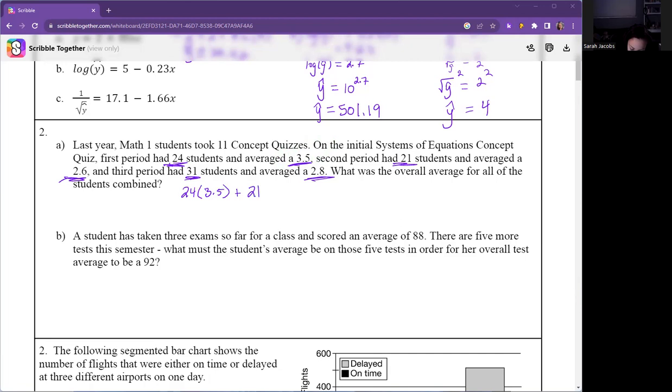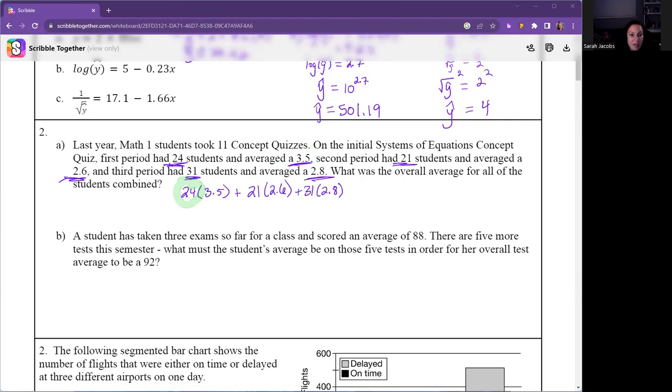Then for second period, there were 21 students. They averaged a 2.6. Third period had 31 students and averaged a 2.8. And so right now, what this is essentially accomplishing is instead of writing out 3.5 24 times, I'm just saying, okay, that happens 24 times.